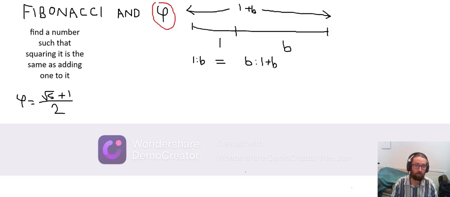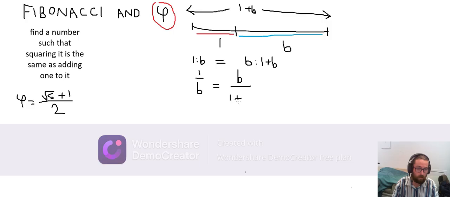So what I'm saying here is that the ratio of the red to the blue is the same as the ratio of the blue to the red and the blue combined. Well, let's solve it. We're comparing two ratios, so let's just write them both as fractions. So let's make this 1 over b, and let's make this b over 1 plus b. Multiplying both sides out, we're going to end up with 1 plus b equals b squared.